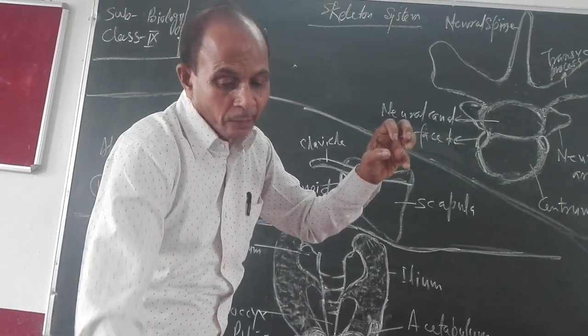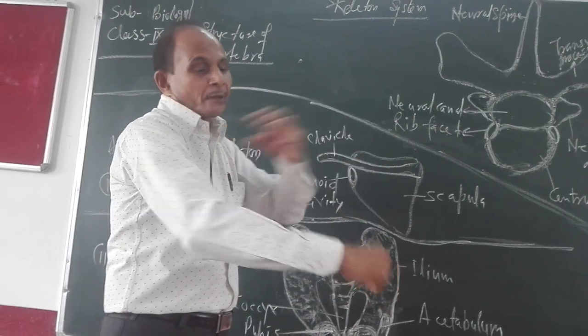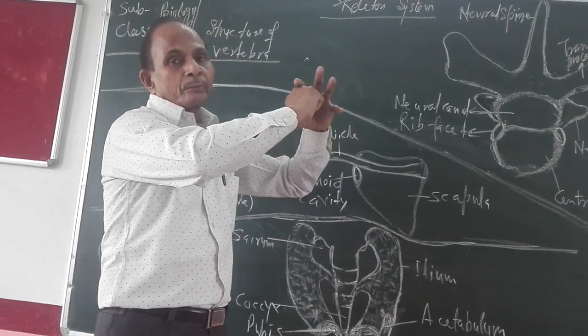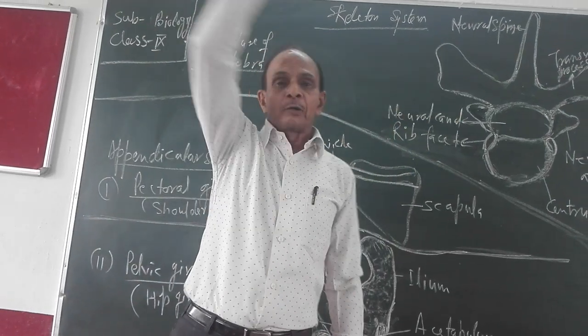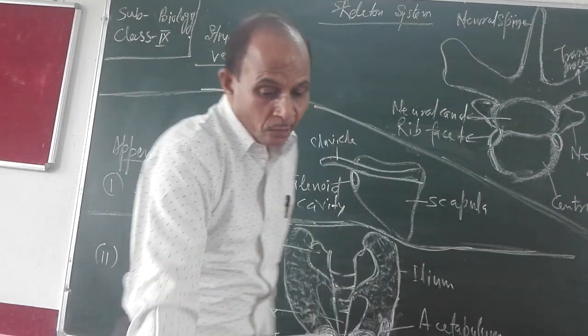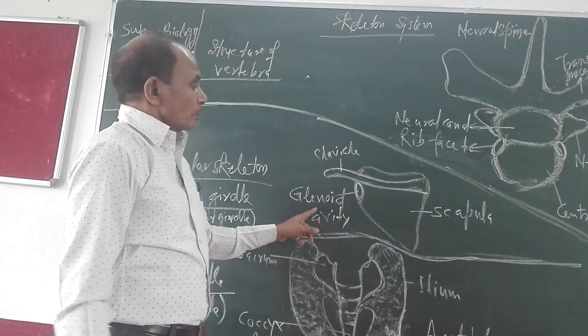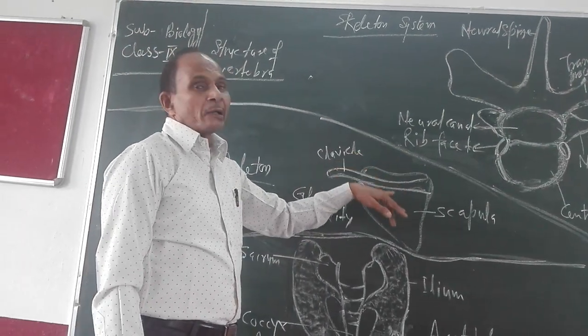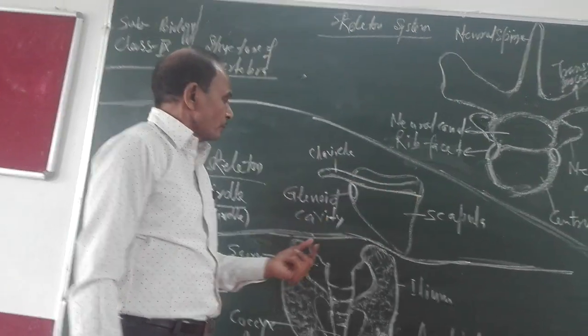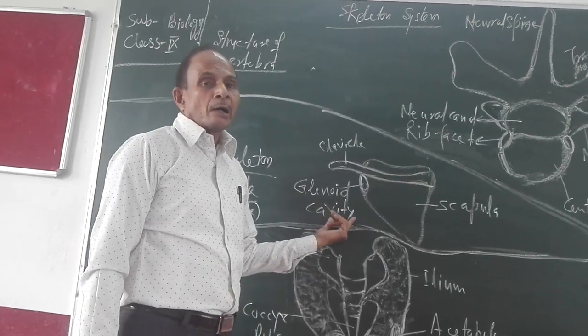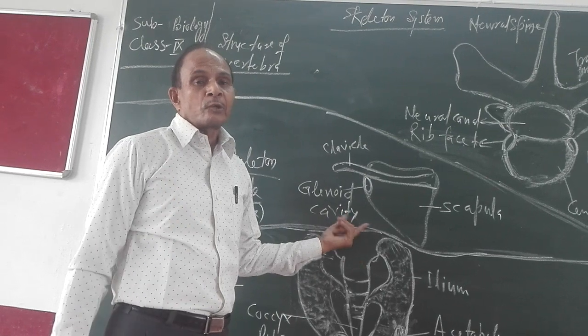In this glenoid cavity, the head portion of the humerus is rotated, and due to this type of joint, you are able to rotate your forearms. So this glenoid cavity, formed as a cup-like depression on the upper apex of the scapula, provides place for the articulation of the head portion of the humerus.